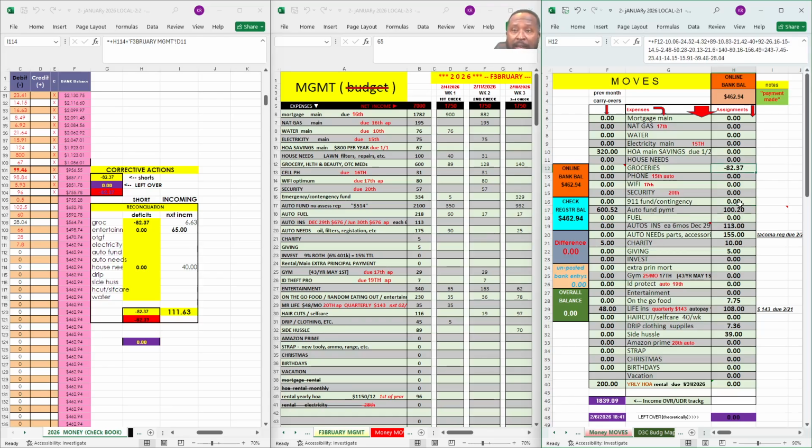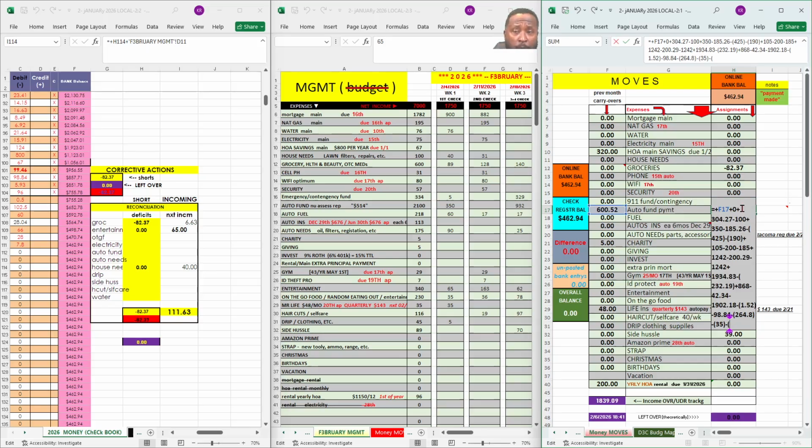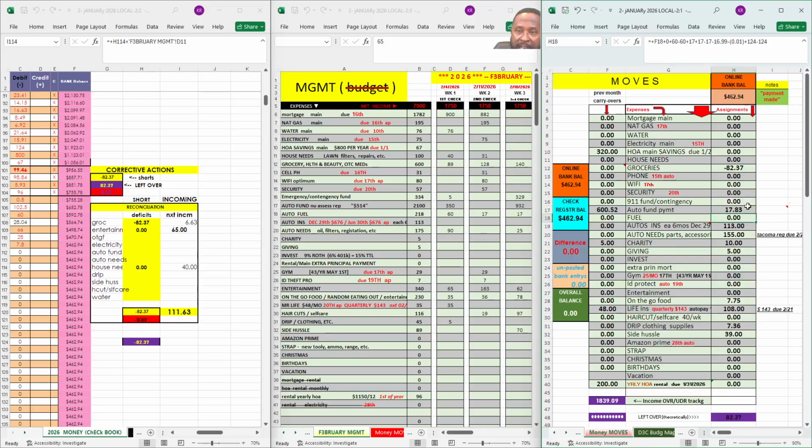No big deal, right? So I'm going to push F2 on my keyboard, minus, shift parentheses open, adjustment, 82.37, shift parentheses close, adjustment, enter. Now that changes that to 17.83, and I got 82.37 down here at the bottom to use.